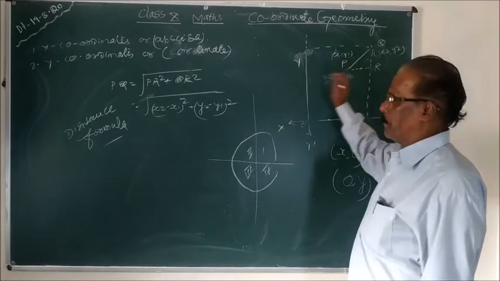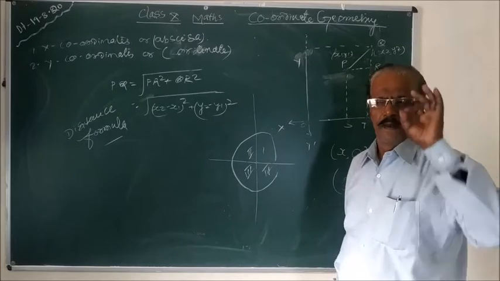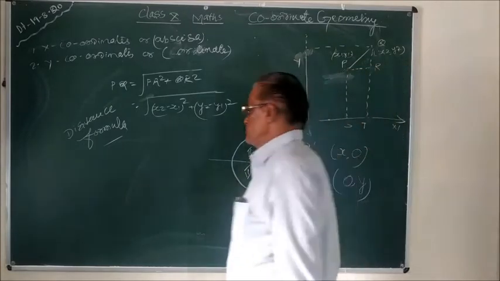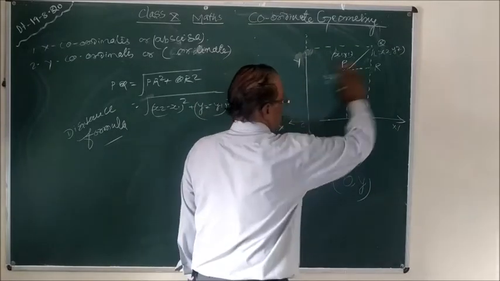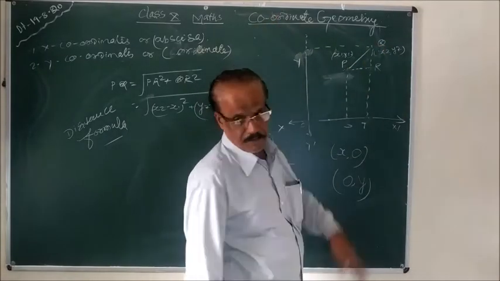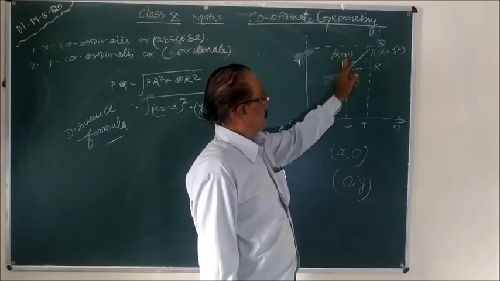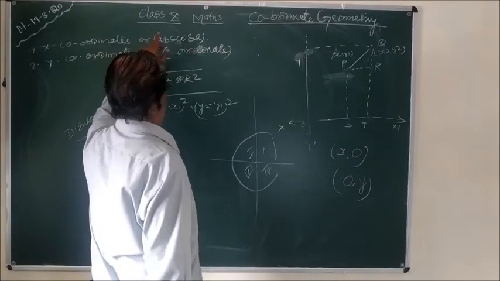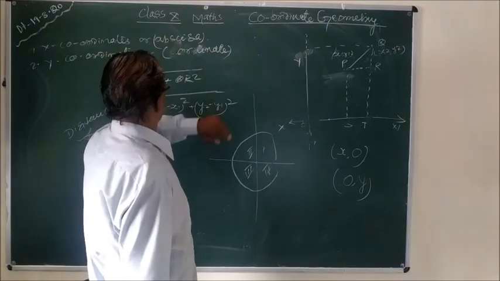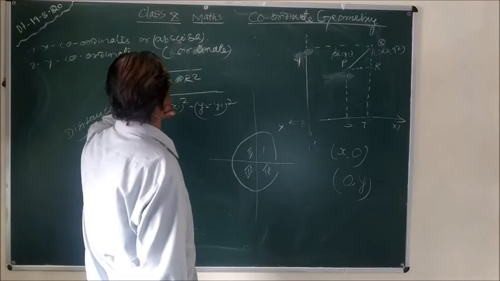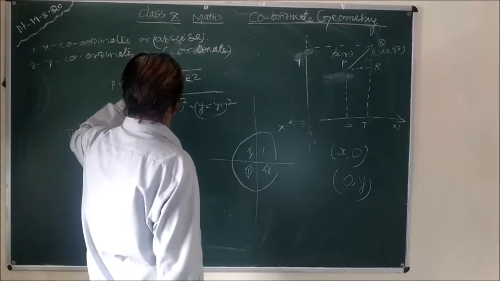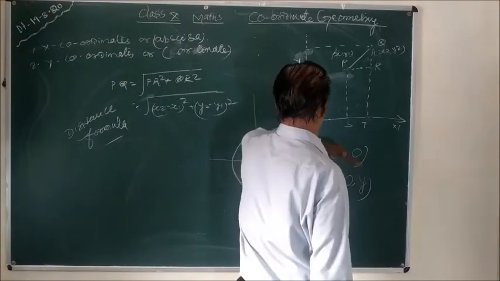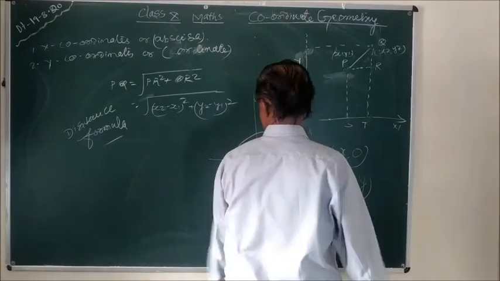If you place a point in the coordinate plane, there will be a distance from the x-axis and some distance from the y-axis. The distance of a point from the y-axis is called the abscissa or x-coordinate, and the distance of the point from the x-axis is called the ordinate.